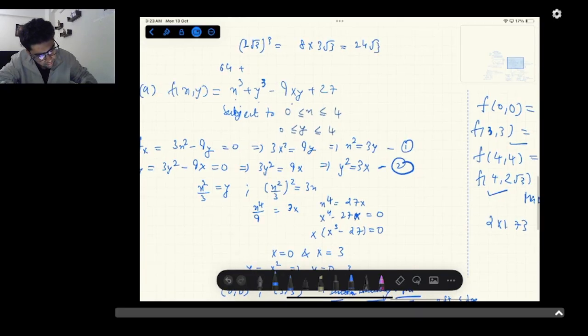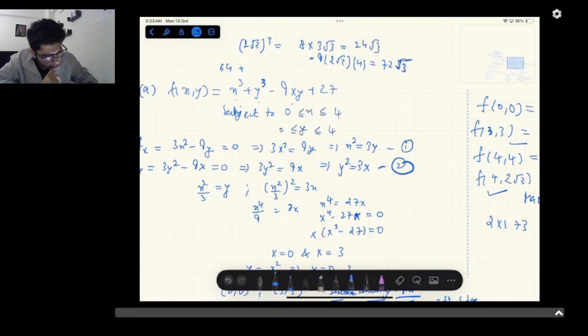And this is minus 9 into 2 root 3, and this y is 2 root 3, and x was 4, so this is 72 root 3.